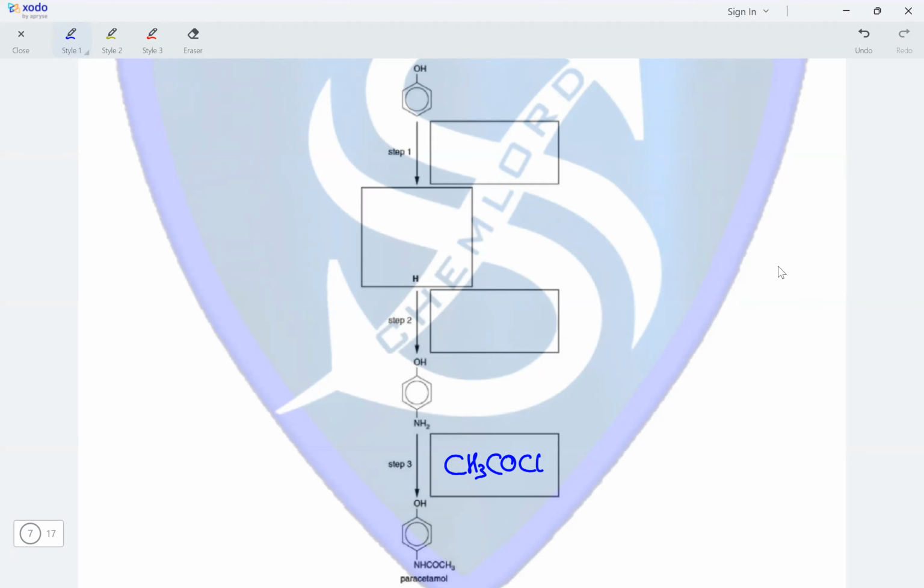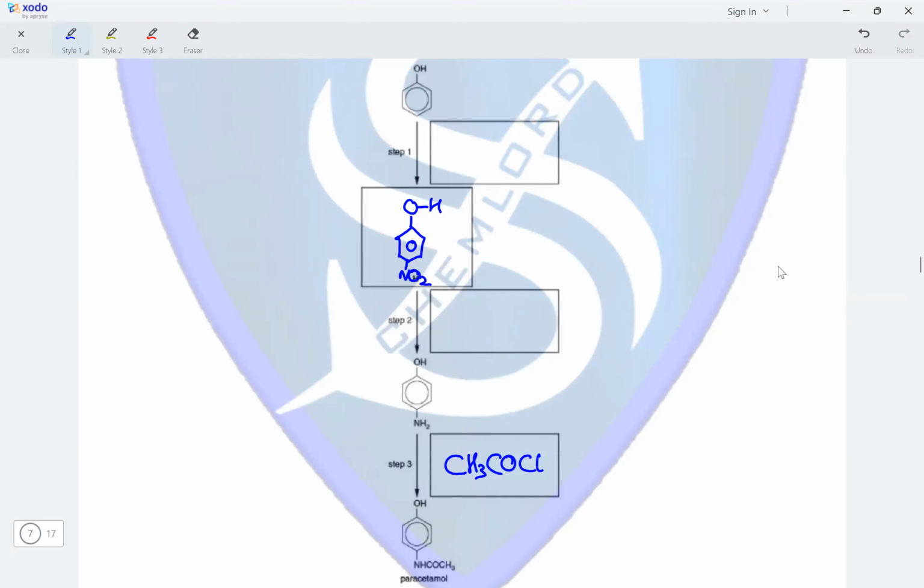The intermediate H would be something that contains a nitrogen atom because originally phenol did not have a nitrogen atom. And the conversion from the nitrogen containing group to NH2 is the conversion of nitro group to amine. So this would be 4-nitrophenol, which would be compound H.